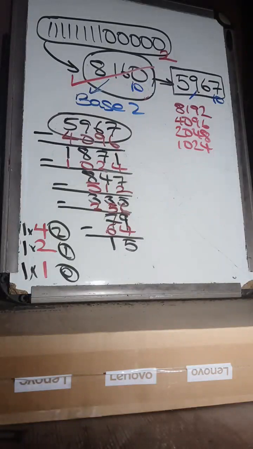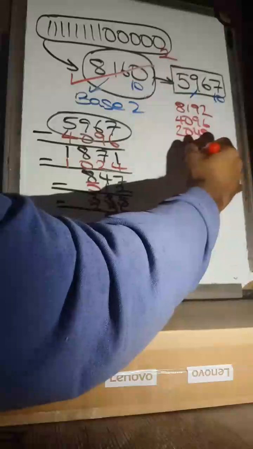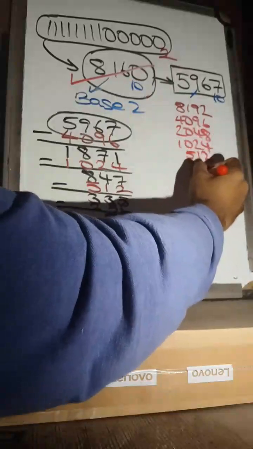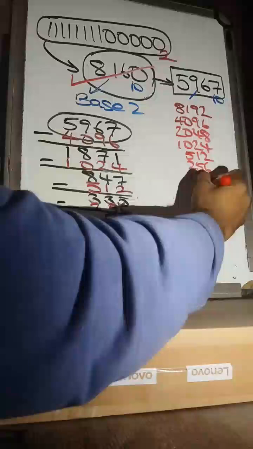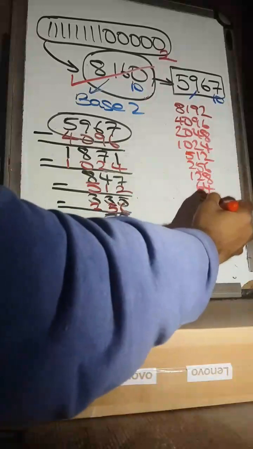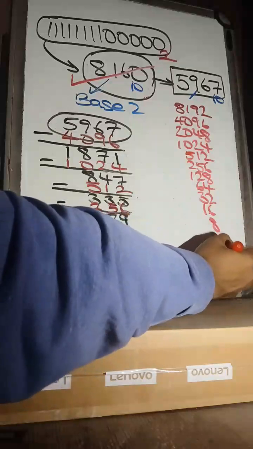So after this we have 512, 256, 128, 64, 32, 16, 8, 4, 2, and then 1.